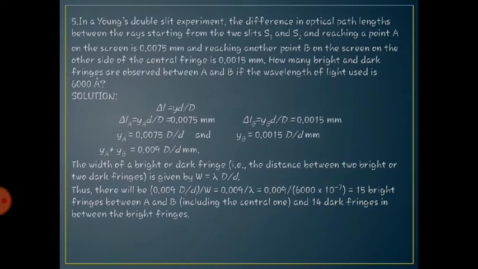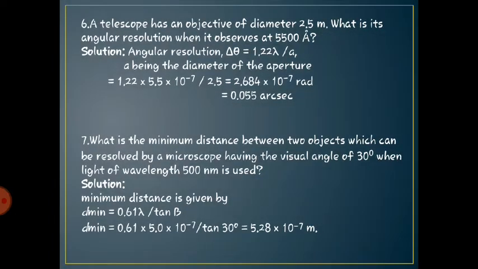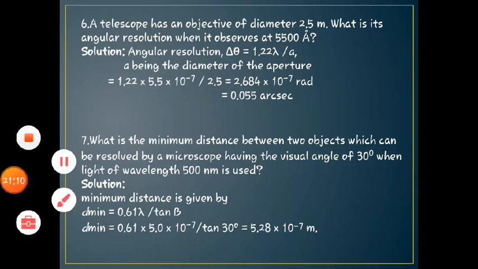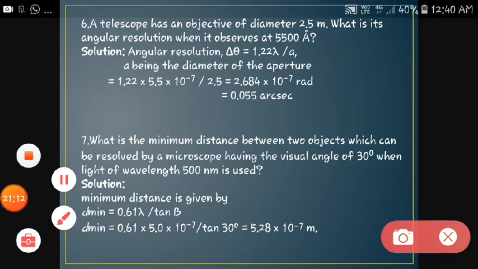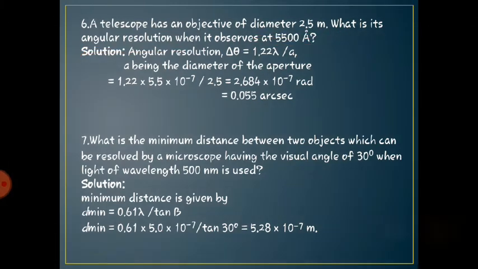So let's move towards the next one. This deals with resolving power, for a telescope. A telescope has an objective of diameter 2.5 meter. What is its angular resolution when it is observed at 5500 Angstrom?